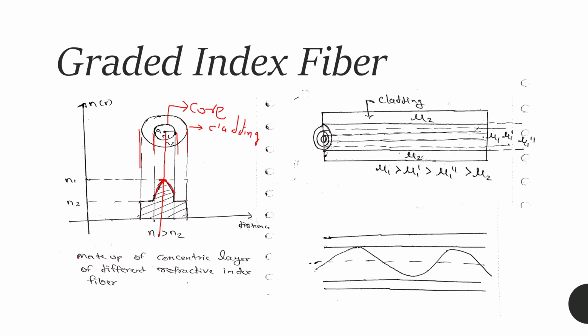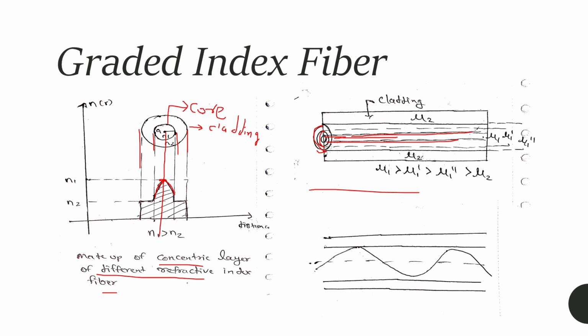Why does it decrease? Because the core is made up of concentric layers of fiber with different refractive indices. As you can see in this diagram, the core is made from materials of different refractive index.